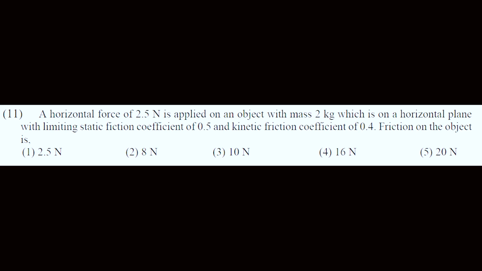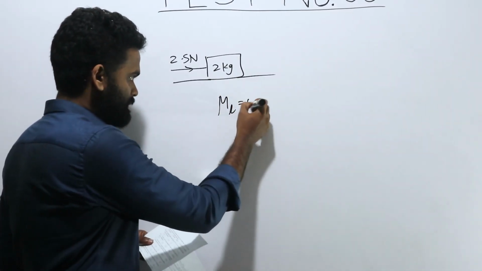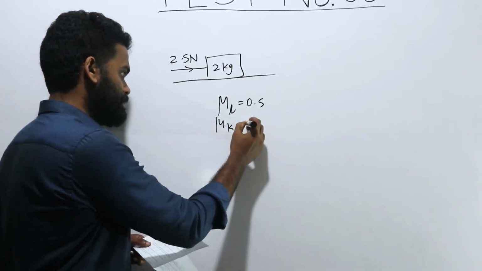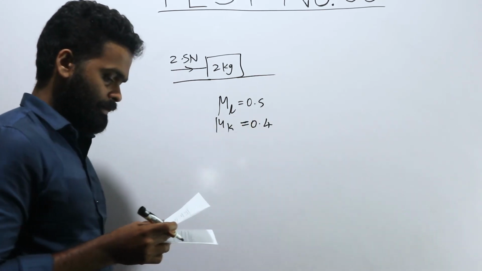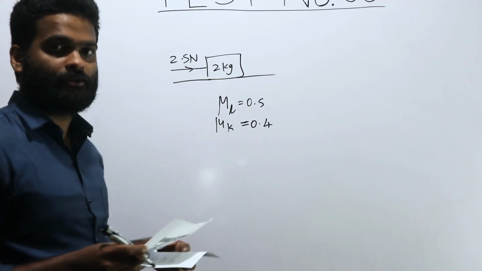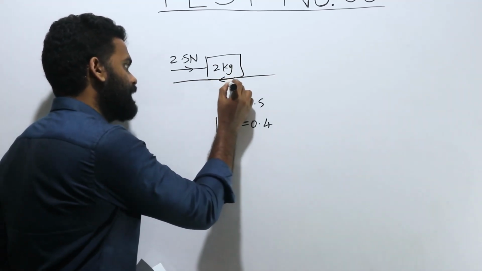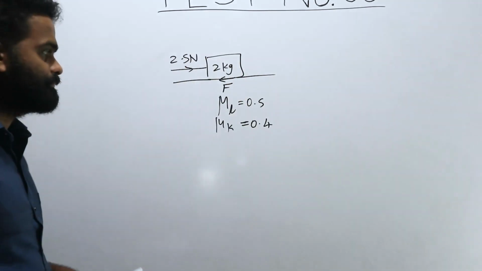They say the limiting friction coefficient, let's say mu L, is 0.5. Then the kinetic friction coefficient is 0.4. They ask, in this case, what should be the friction acting on the object? The friction force acts opposite to this force, 2.5 Newton.